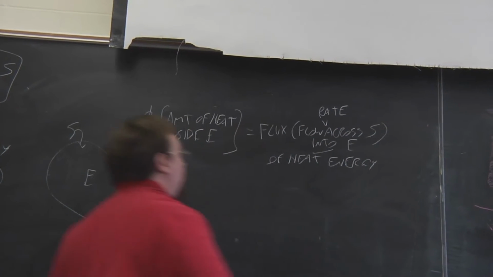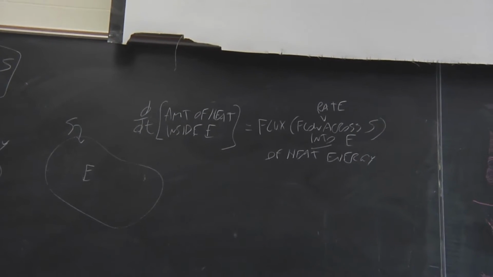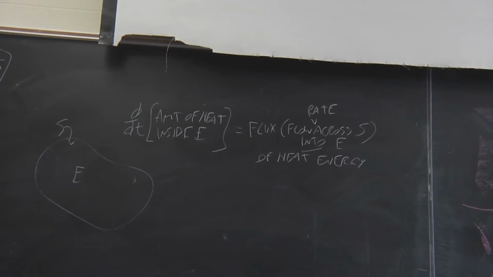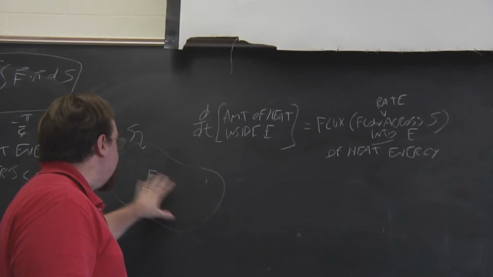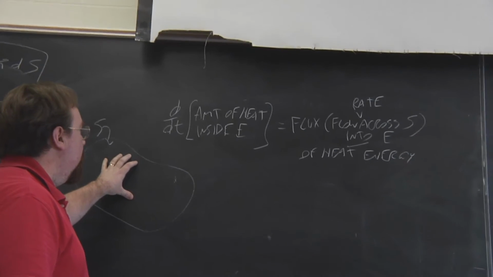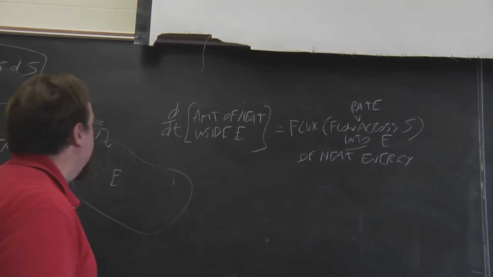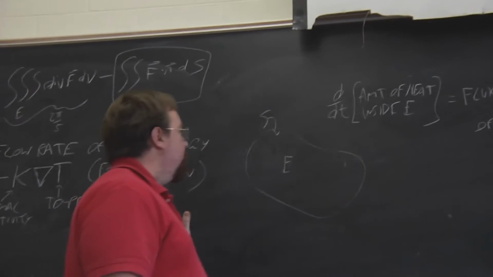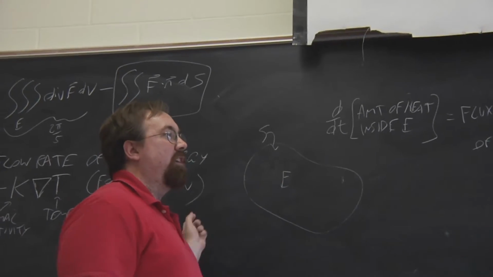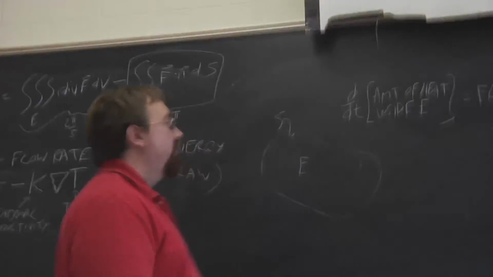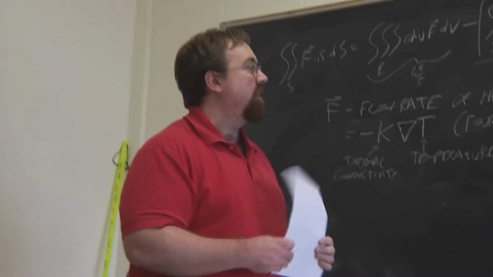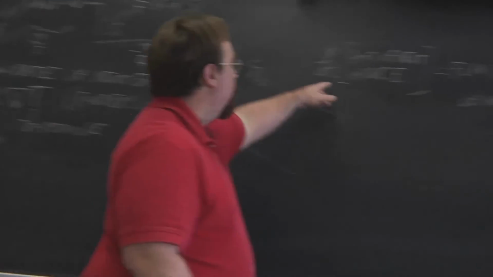All right, so on both sides of the equation we have rate of change with respect to time, because that's what the flow rate is. So the total accumulation inside E is balanced out by the net amount of heat flowing in. Because heat energy could be coming in, could be coming out. So all told, the net flow into the solid is equal to the rate of change of the amount of heat inside.